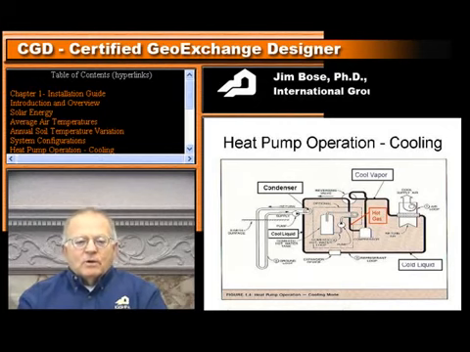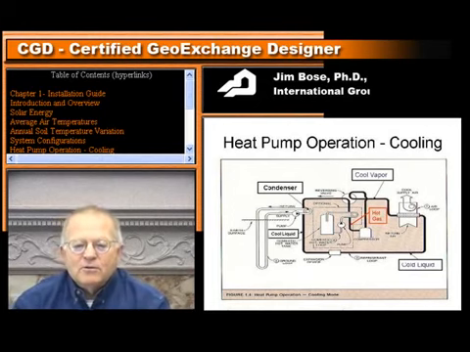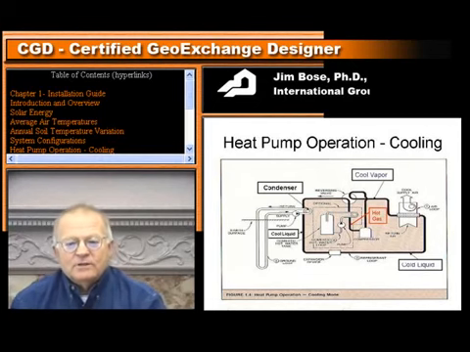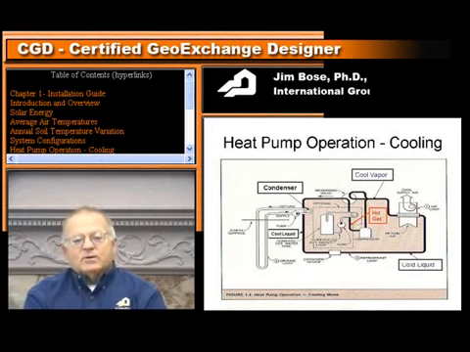Loop number 2, we've got to find this here on the drawing, but loop number 2 is the refrigerant loop. And that refrigerant, like I said earlier, is the loop that the refrigerant is being moved around by the compressor. Loop number 3 is the ground loop, and that's the plastic pipe that we have in the ground hooked up to a circulating pump.